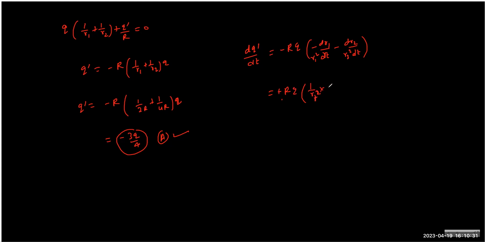What is dR1 by dt? Minus V, right? Because R is shrinking. And what is dR2 by dt? Minus 2V, right?